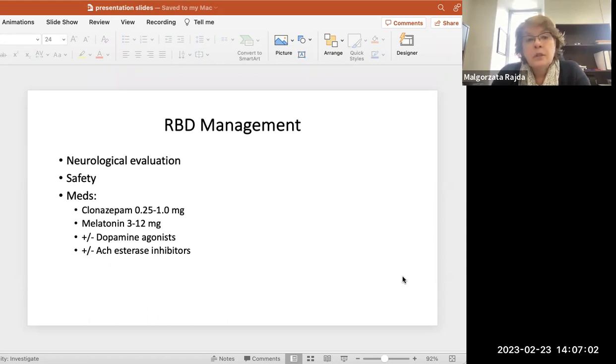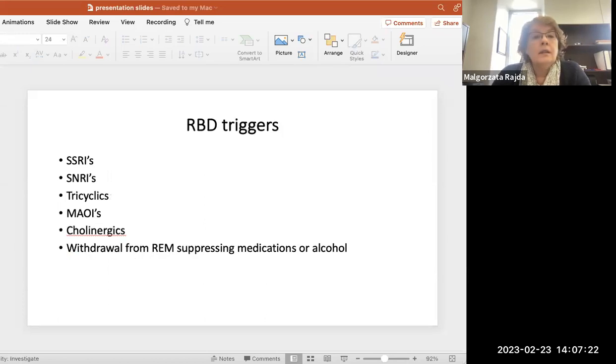There is some mention in the literature of dopamine agonists or acetylcholinesterase inhibitors, but there are also mentions in the literature about those agents possibly triggering RBD. So the jury is still out on those items.